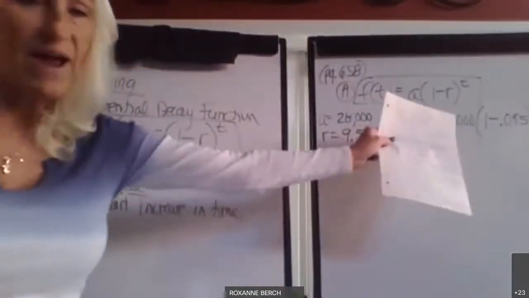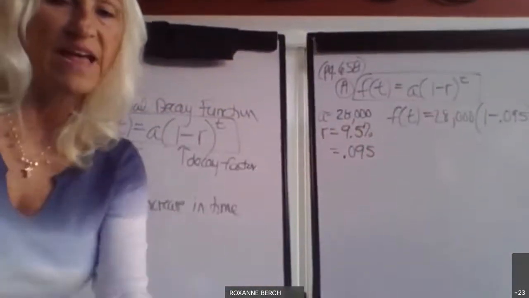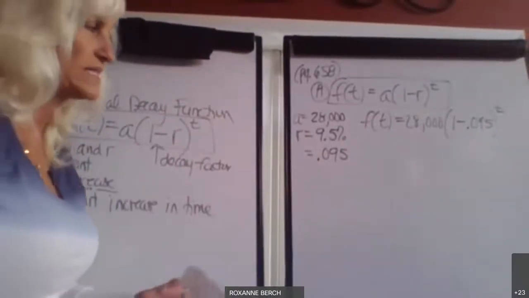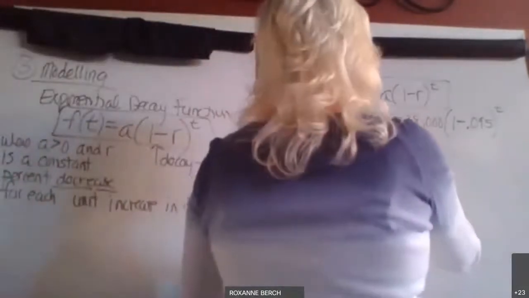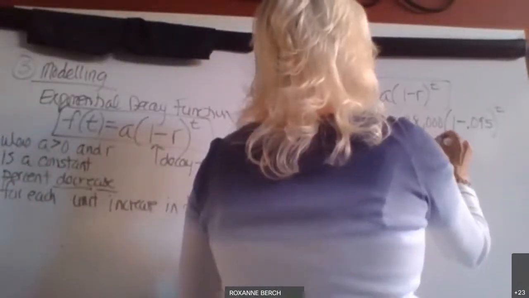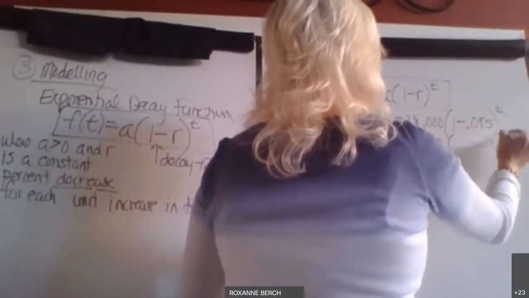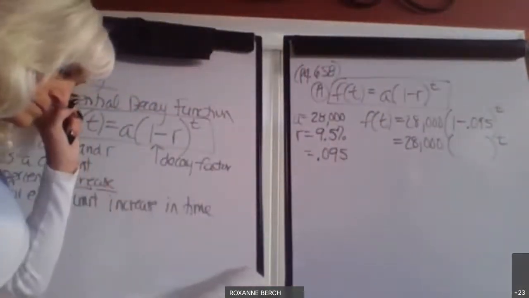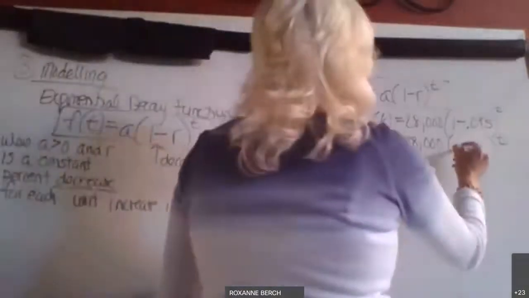Now, I don't care if you do that by hand or on a calculator, but you have to line up the decimals. So what's 1.0 minus 0.095? 0.905, thank you.